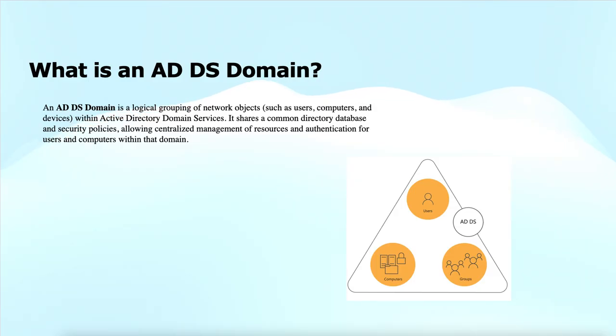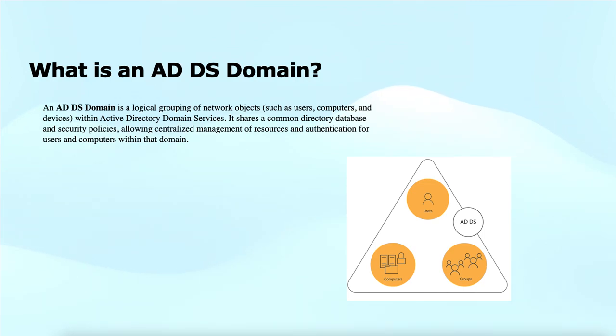This domain partition contains all these objects like users, computers, or groups of that domain. It is also an administrative unit, as we can have the domain admins separately for each domain in the forest. An ADDS domain provides authentication and authorization because each domain has its own local domain controllers deployed.